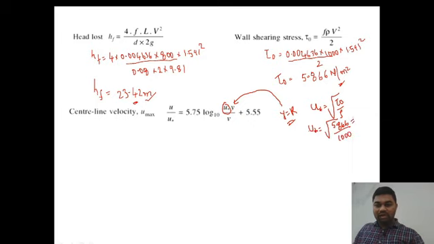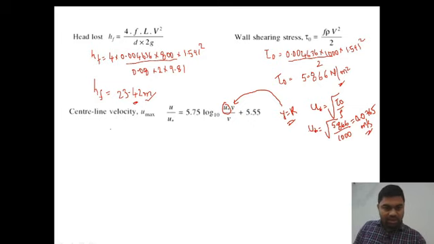So this value will come around 0.0765 meter per second. The value of u star is 0.0765 meter per second.